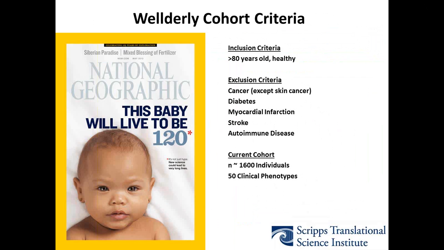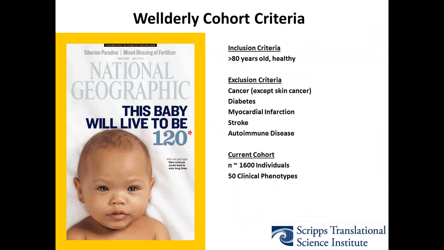Really, the exclusion criteria is listed here. They're allowed to have skin cancer, for example. So there are some conditions that are actually allowed in the cohort. Cancer, diabetes, heart attack, stroke, and autoimmune disease are really the exclusion criteria.